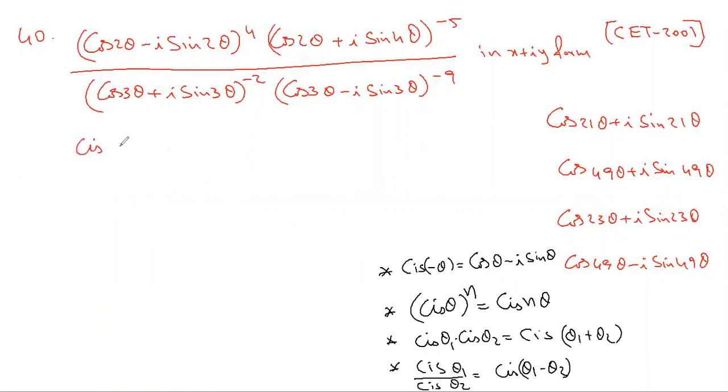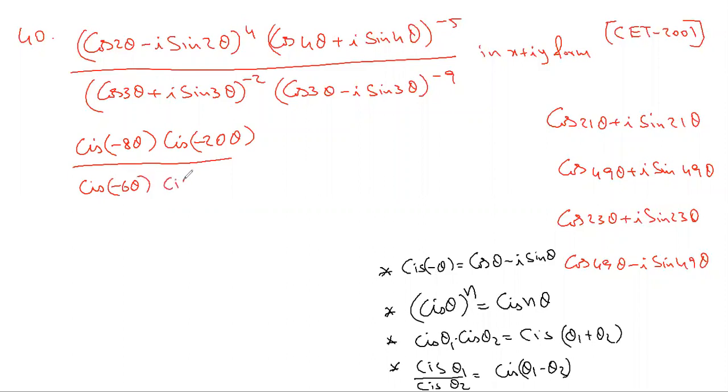So the cis of minus 2 theta minus 8 theta this becomes, and this is a cis of, I think I copied it wrongly here. This is also 4 theta only. So the cis of minus 20 theta by this is cis of minus 6 theta.